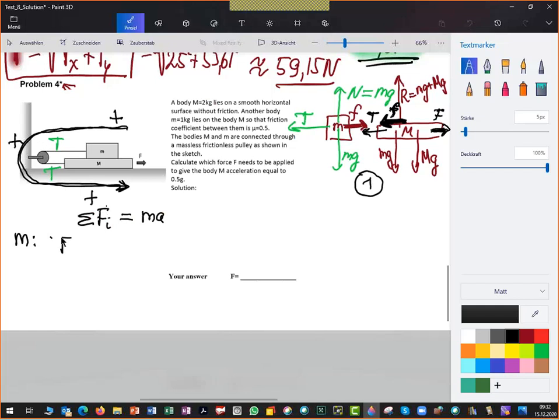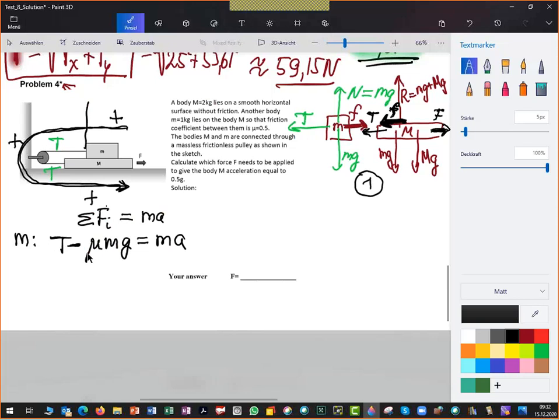It is opposed by friction force, which is equal to mu m small g. The forces m g and the normal force act in vertical direction, and since they are perpendicular to our axis, we can forget about them. They are not interesting for us. So that means tension minus friction equals m small a.